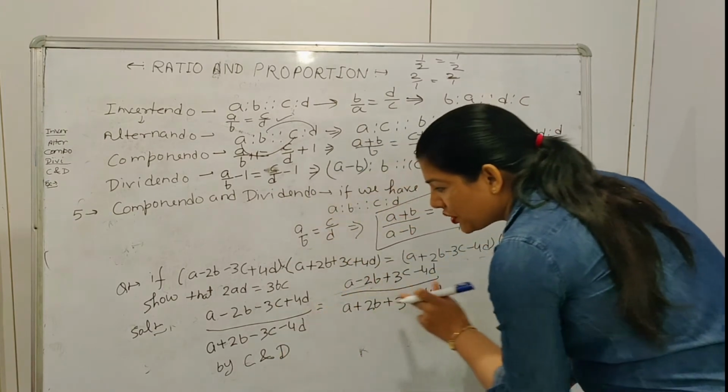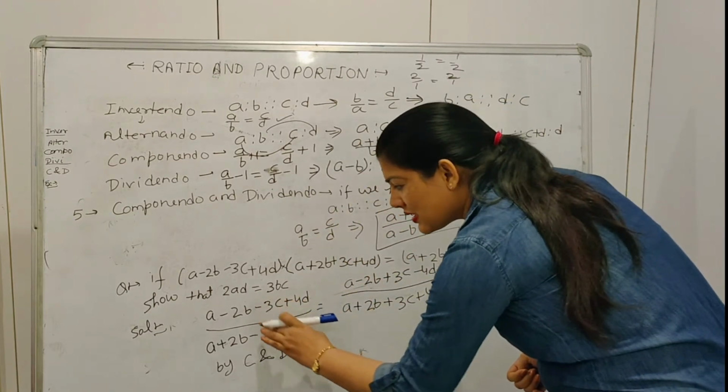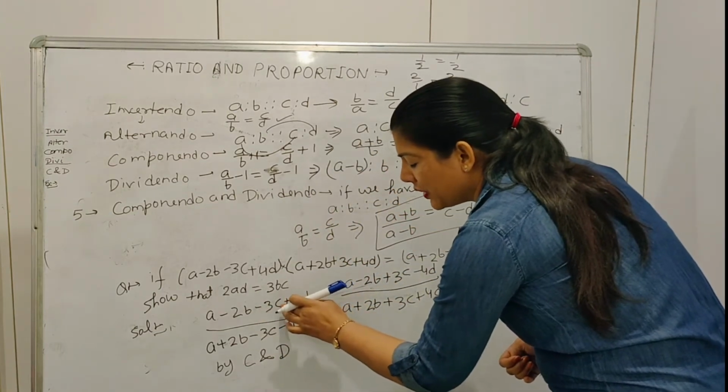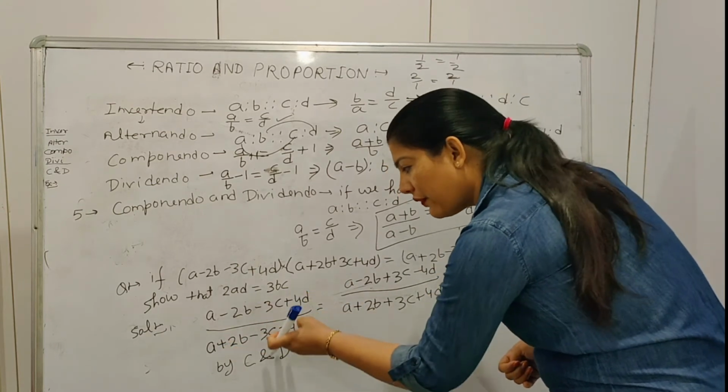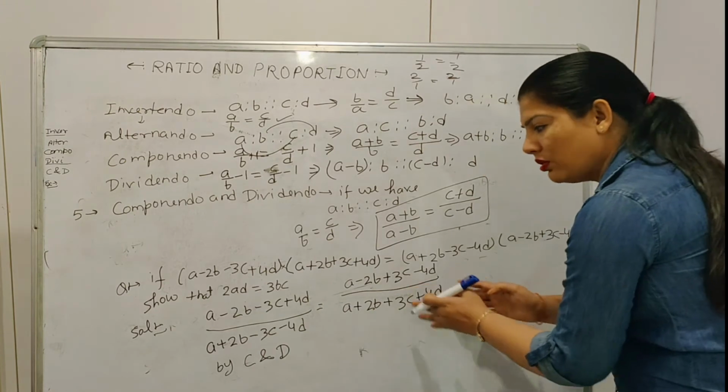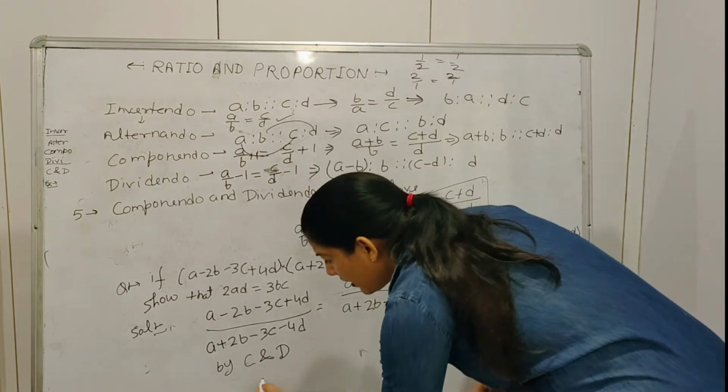If these two ratios are equal, then the sum of the numerator and denominator divided by the difference of them is equal to the same here. Okay.